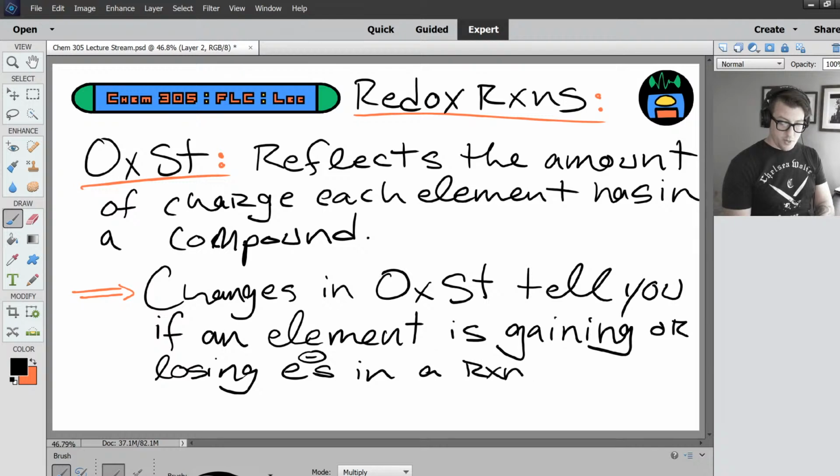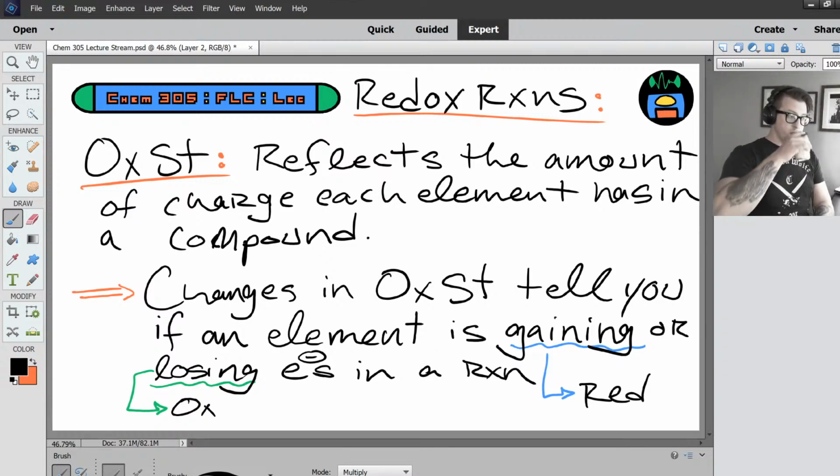This is the part we really want to zero in on, because losing electrons means that it is being oxidized, and gaining electrons means it is being reduced. As we learned yesterday, losing electrons is oxidation, gaining electrons is reduction.